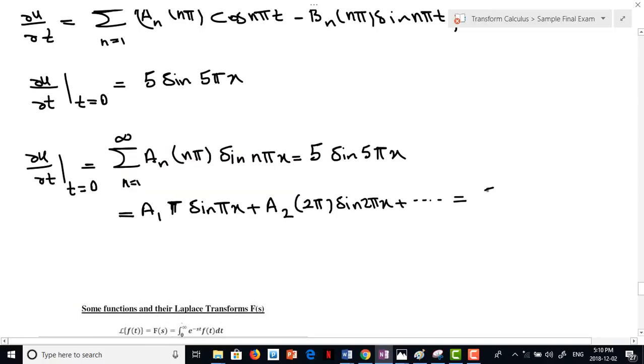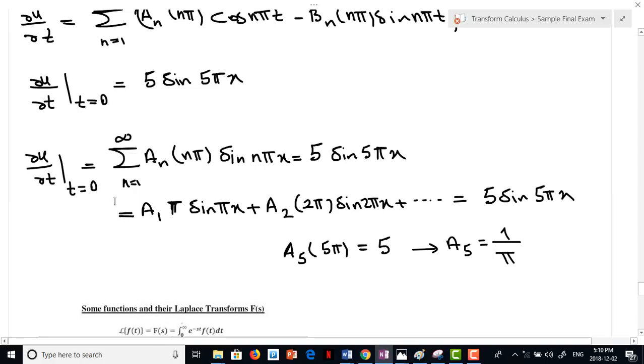It's equal to 5 sine 5 pi x. Again, if I compare the right and left-hand sides of the equation, on the left-hand side we have a5 times 5 pi sine 5 pi x, so it should be equal to 5. As a result, a5 is equal to 1 over pi.